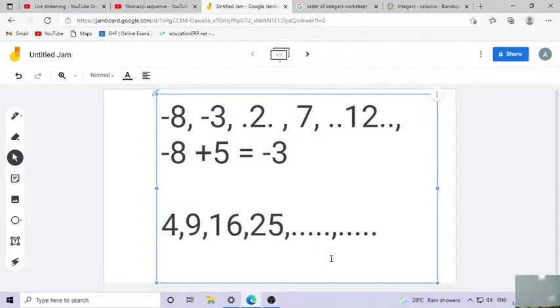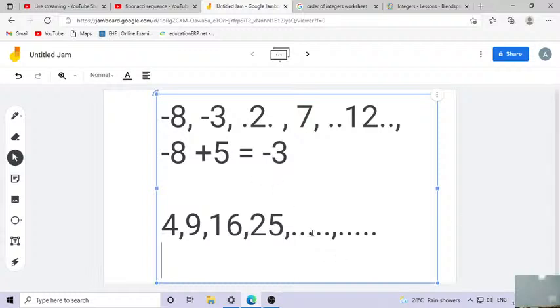What is the next number in the sequence now? Okay, these all are the square numbers.